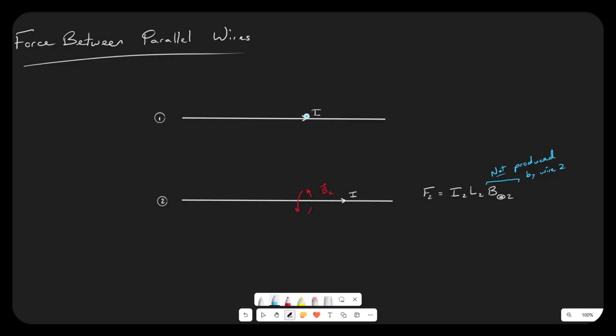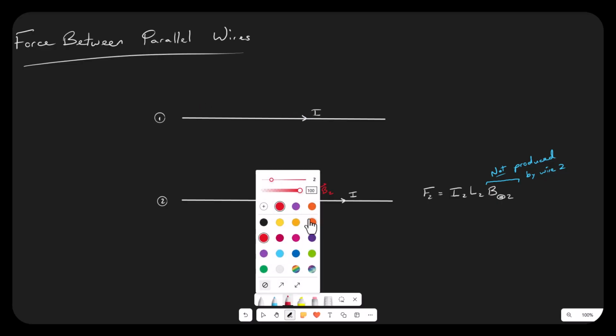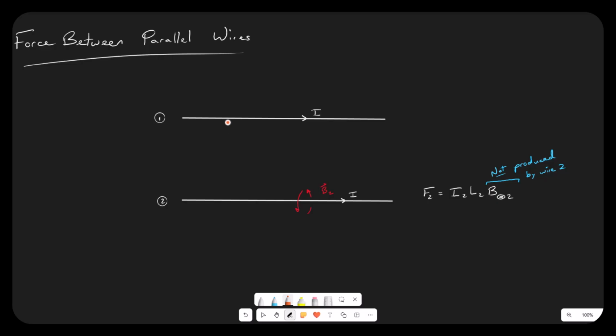But wire 1 is over here, and wire 1 is producing magnetic fields around itself. So it's over here producing magnetic fields this way. Now what do we know? If we were looking at wire 1 from the side like this, we would see the current coming at us, and we would see these magnetic fields creating circles around it.